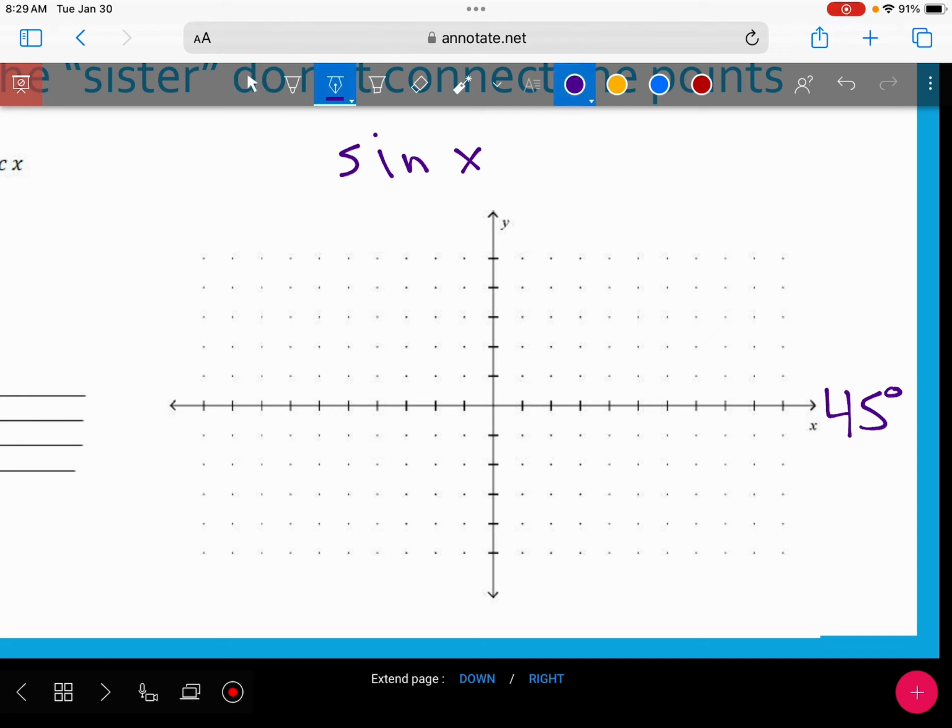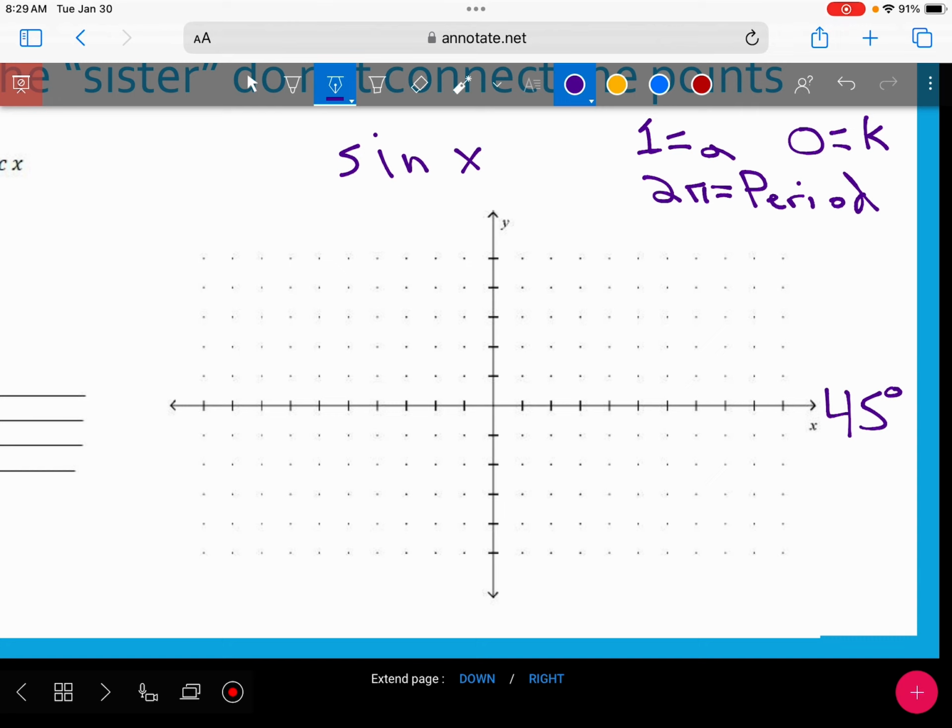And remember, for our parent functions, the amplitude is 1, and the midline, or vertical shift, or k, is 0. Also, the horizontal shift, or phase change, is 0, because it's just our parent function. And our period is 2 pi. So with all that information, I'm sure you can plot the points.